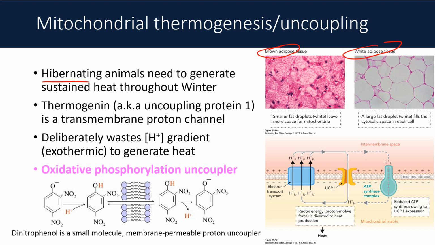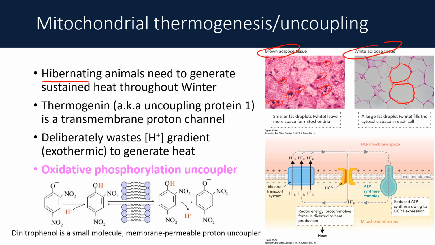These large fat droplets don't really have any mitochondria in them that I'm seeing. These are really quiescent tissues, but the adipose tissue in hibernating animals is very active, based off the number of these brown mitochondria spotting the slide.